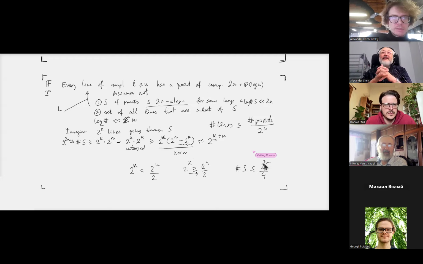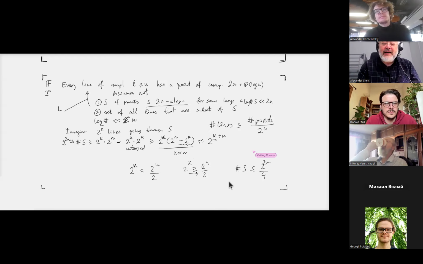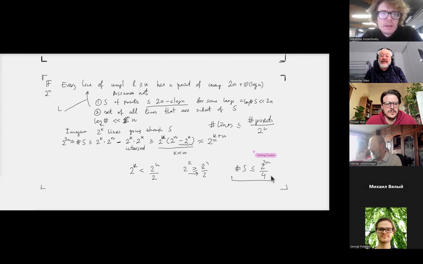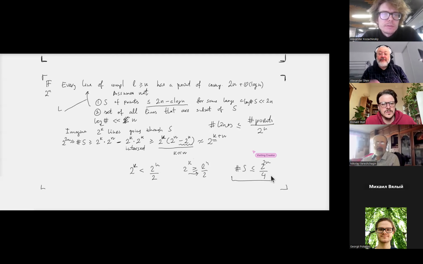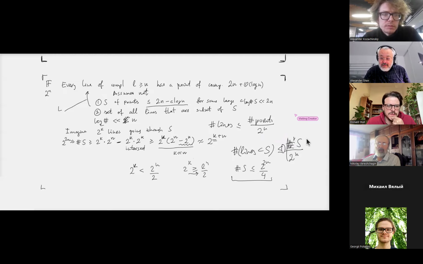we have s. So if you do it more formally, the correct statement is this: if the number of points in some set S is at most this one, then the number of lines entirely in S is smaller than 2 to the n times the size of S divided by 2 to the n, maybe with some constant.